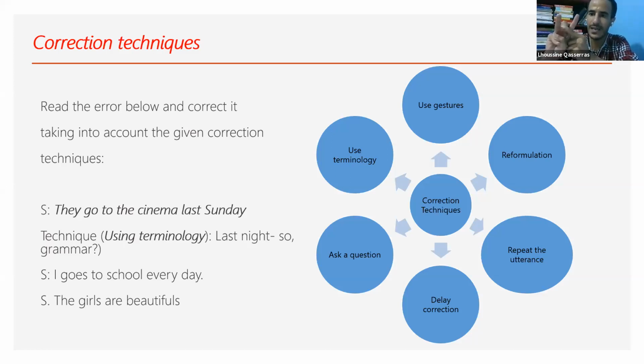Okay, and here I'm encouraging autonomous learning because my learners know when I put the finger down, it means there is the mistake. Okay, so this is using gestures. Okay, good. But sometimes using gestures may be culturally unaccepted. So pay attention.